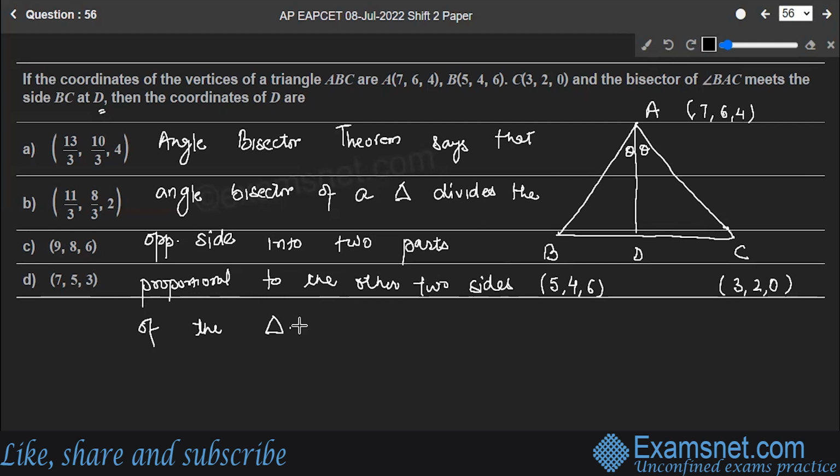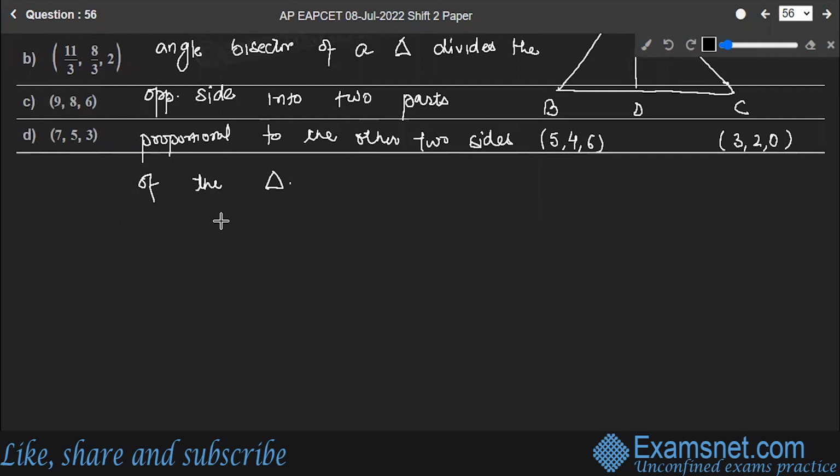Okay, so now according to this theorem, what you can say is AB upon AC is equal to BD upon CD.